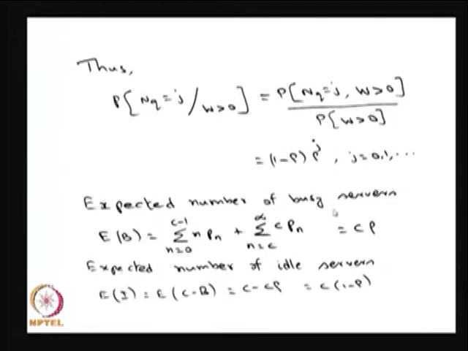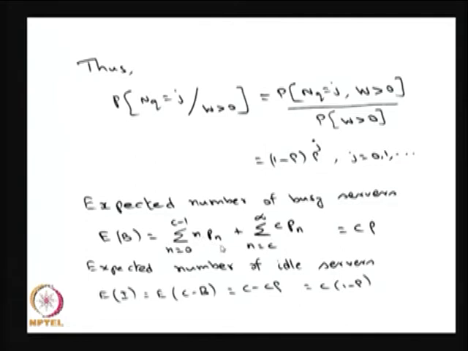From this you can find the next measure, the expected number of busy servers. What is the average number of busy servers? That is nothing but the summation of n equal to 0 to C minus 1 of n times Pn, plus C times Pn for the remaining states. Whenever the system size is less than C, only that many servers are busy.